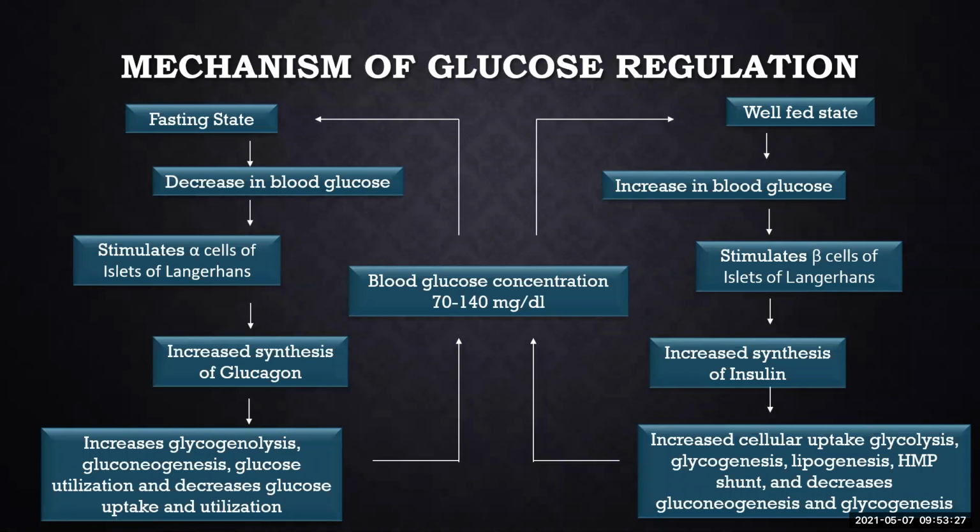It will promote production of lipids. It will promote the HMP shunt pathway and decrease production of glucose from non-carbohydrate sources and breakdown of glycogen, to maintain the blood glucose level between 70 to 140 milligram per dl throughout the day.